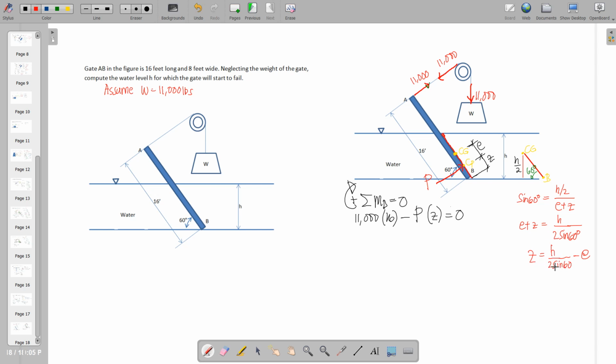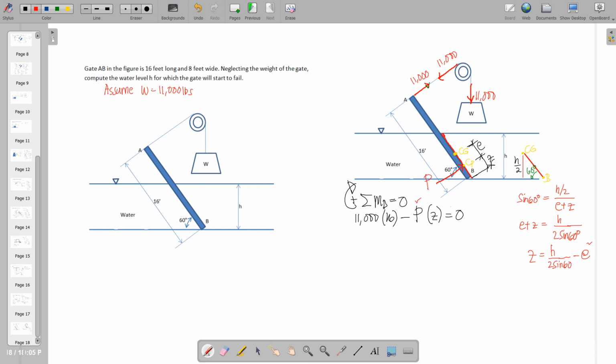So what we do next is to express E in terms of H as well as that of P. Basically, we need to determine H bar and Y bar here.